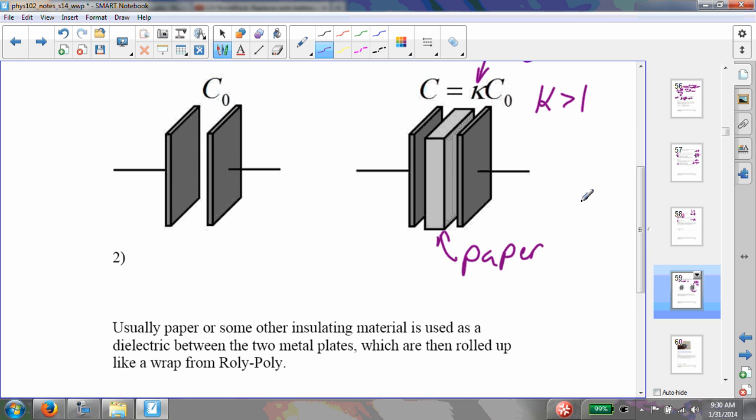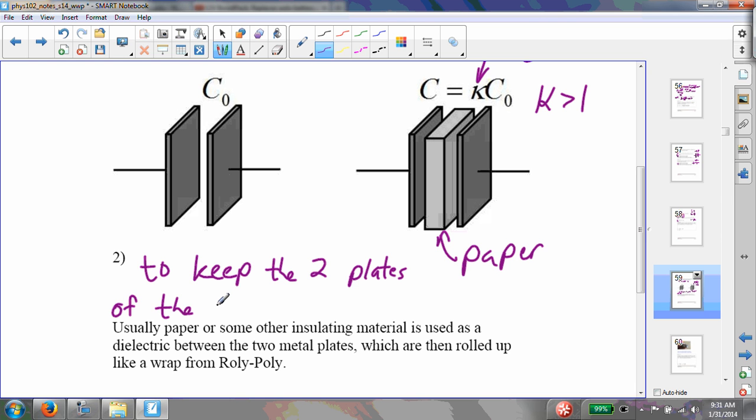The second reason, which is more practical, is to keep the two plates of the capacitor separate. If you have a capacitor, like one of these electrolytic capacitors, you can cut it open and look on the inside of it, and you can see what they look like.